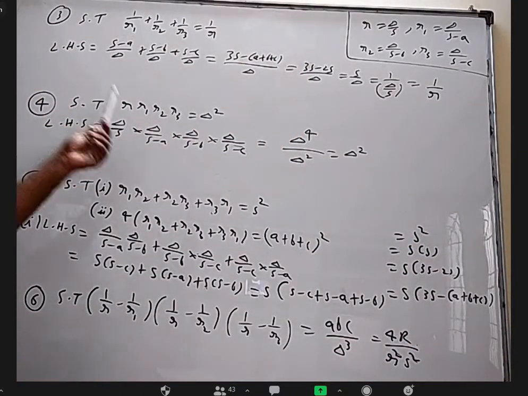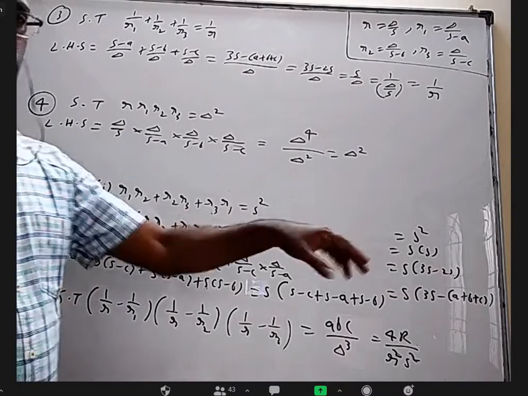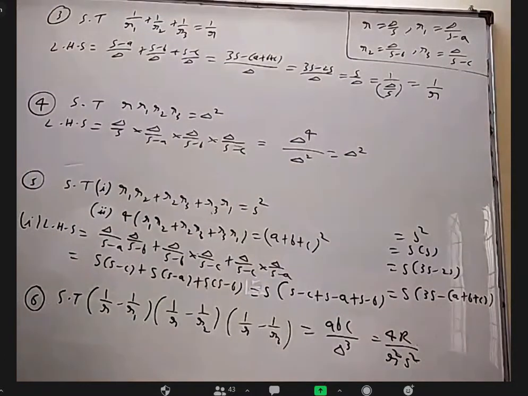I'm sure many of you completed before I even started. Just some people may join late, for them I'm writing this. Roman 2 I'm not writing. Basically multiply by 4, it will become 2S whole square, and 2S is A plus B plus C.